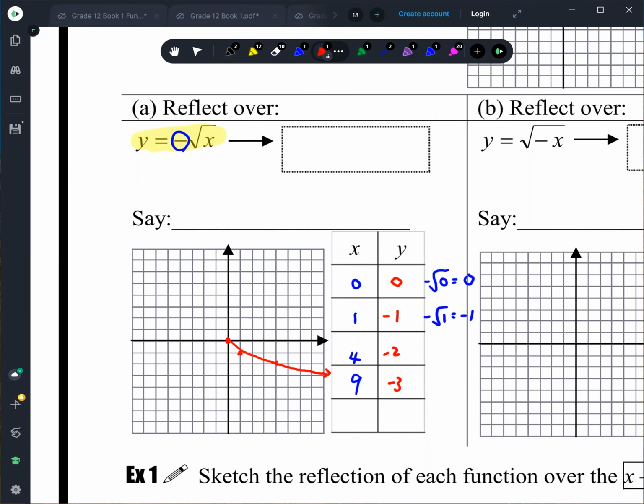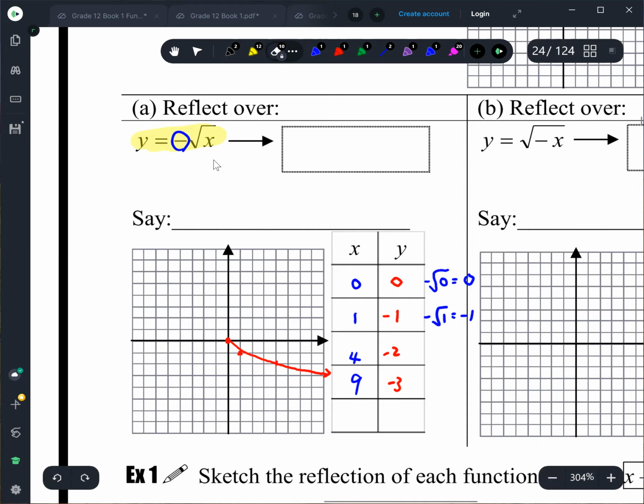Does anyone have questions about how we get the points? Okay, are you done, Marcus? Yes or no? Yes. Okay, so raise your hand, it's easier that way, because I thought you said not yet.